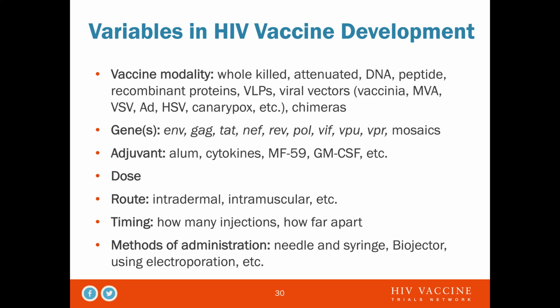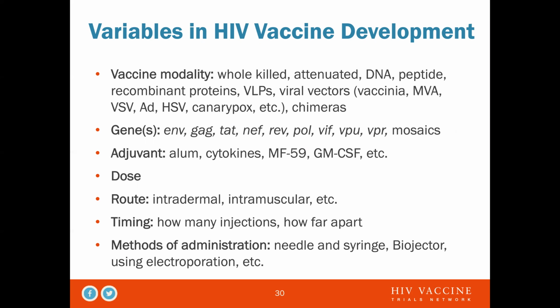Route, where is the vaccine given? Under the skin, which is intradermal, into the muscle, intramuscular, or other routes. And the timing, how much time should there be between injections? Do you need a booster shot at 1 year, at 5 years?